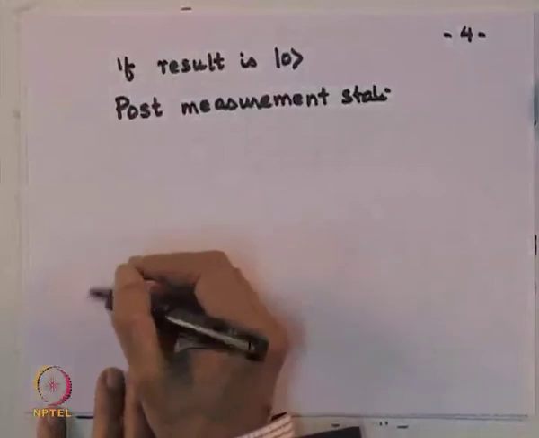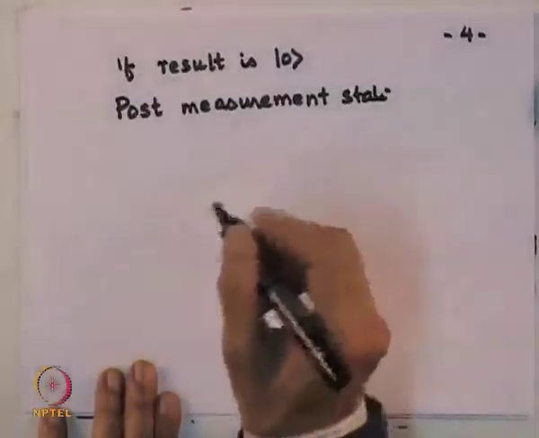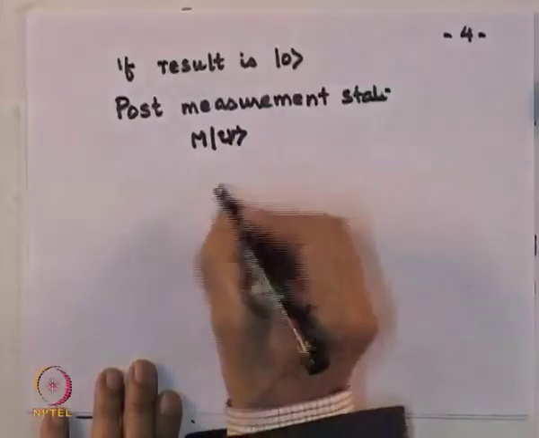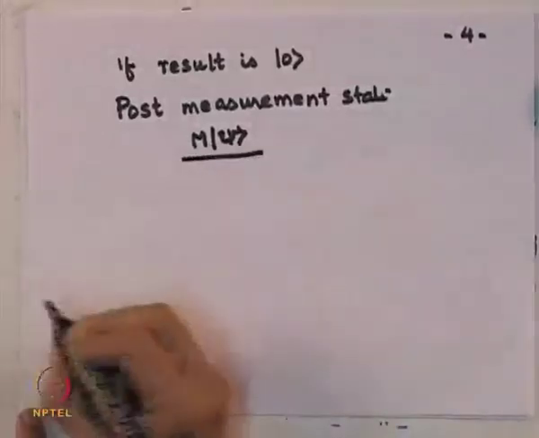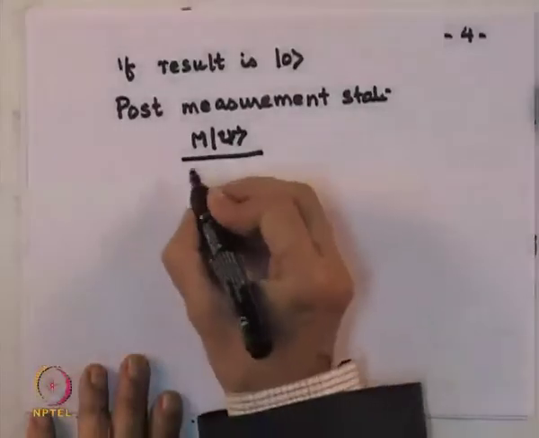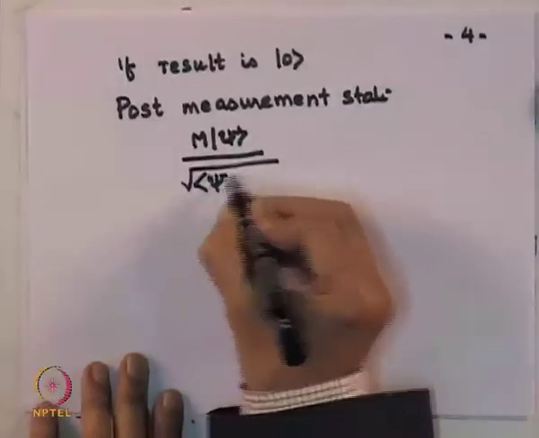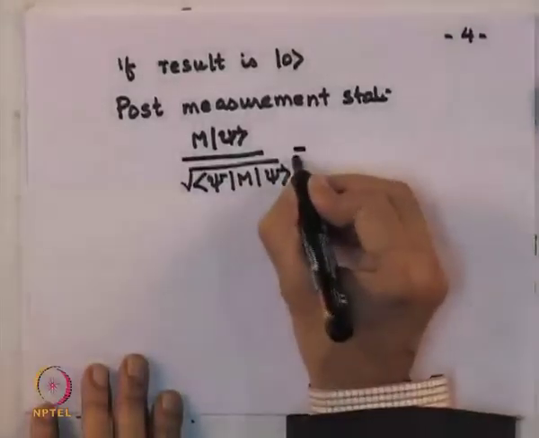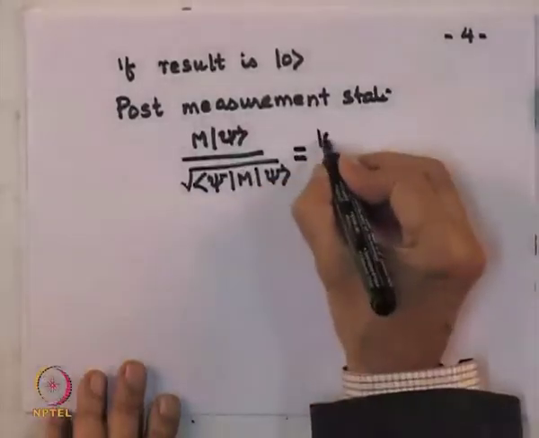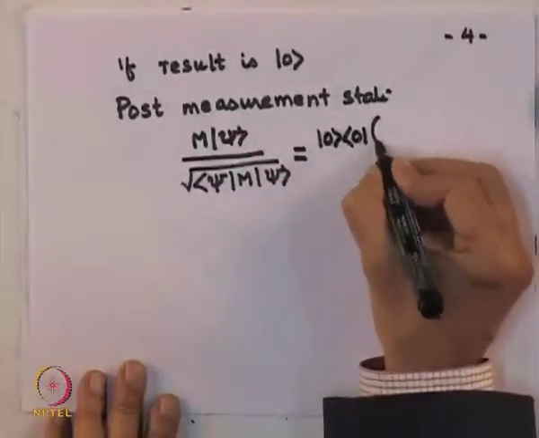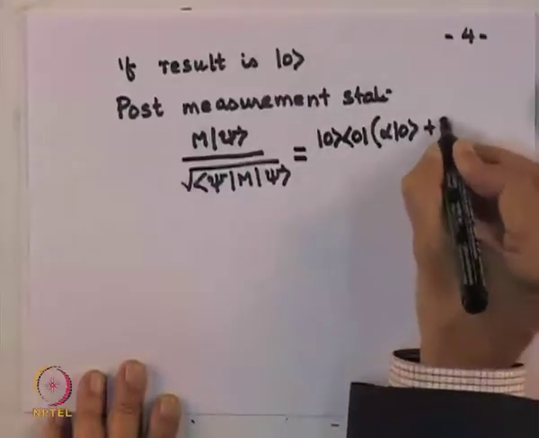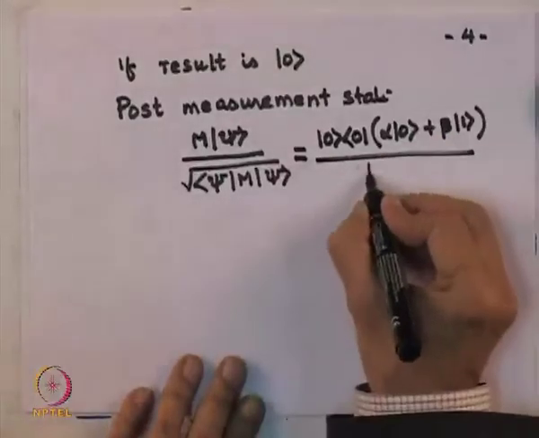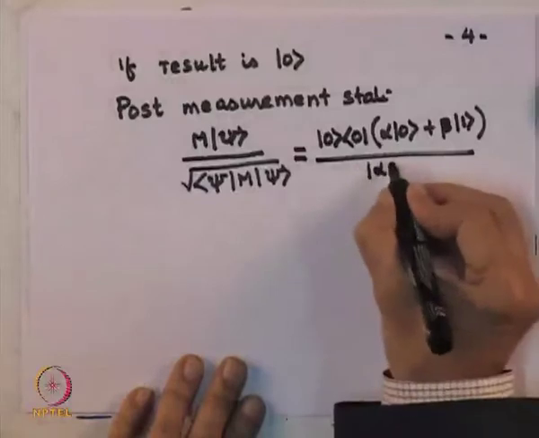The post measurement state, according to our prescription, is given by M acting on psi, divided by the square root of the probability, that is, the square root of psi M psi. The operator M corresponding to the state 0 acting on psi gives alpha |0>, and the probability we have just now calculated to be modulus of alpha squared, whose square root is equal to modulus of alpha.